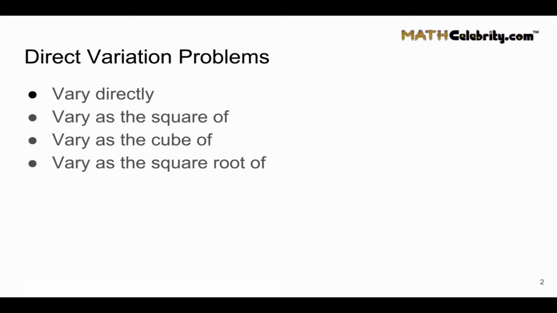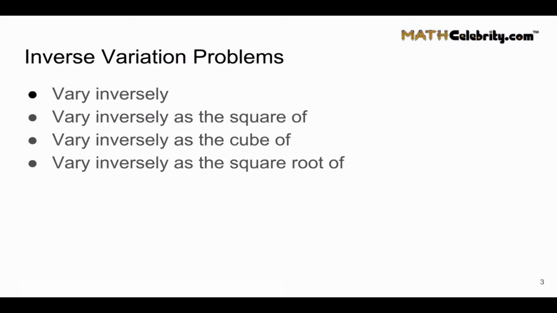And if you want to think in terms of what it's not, make sure you don't see the term inverse or inversely. That's how you know it's a direct variation problem.